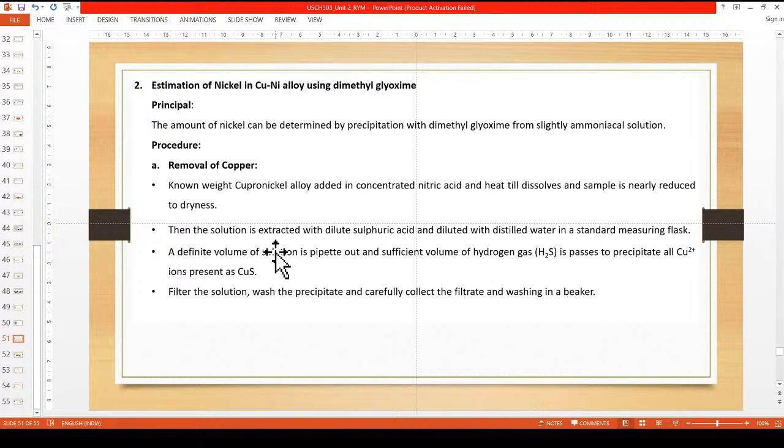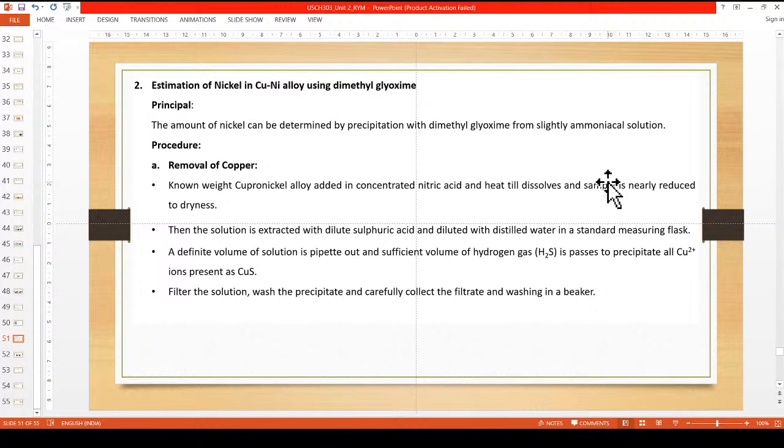first remove, because copper forms black precipitate with H2S gas. Make one solution of cupronickel alloy. For cupronickel alloy you just add aqua regia. Aqua regia add करने के बाद, aqua regia is what, mixture of HCl and HNO3.